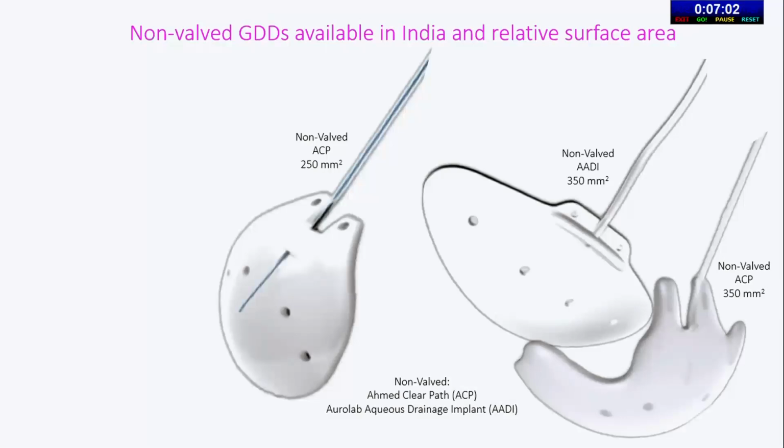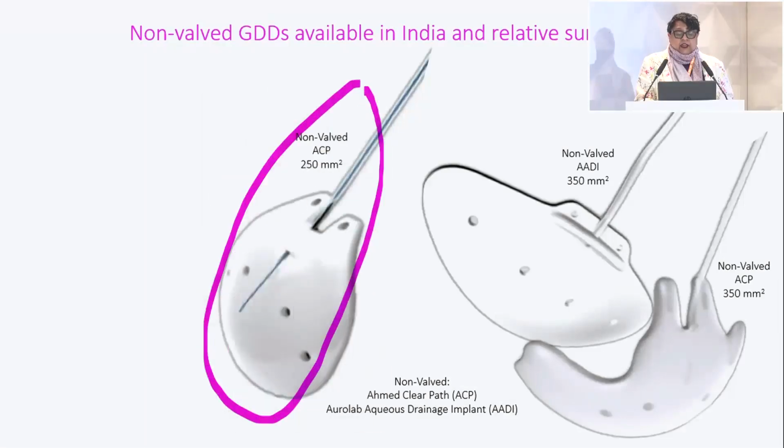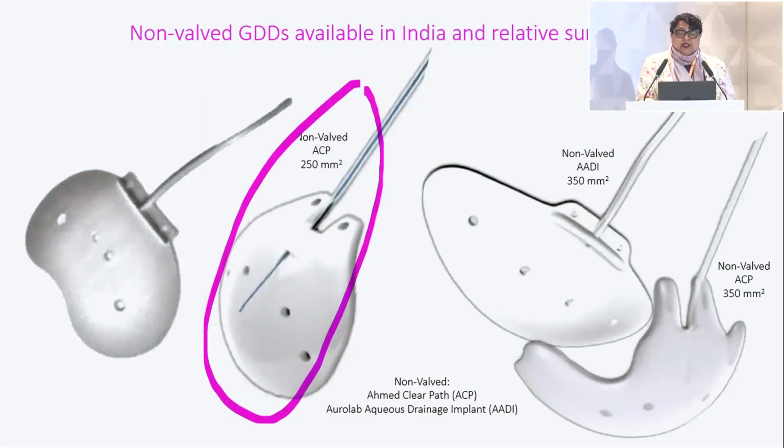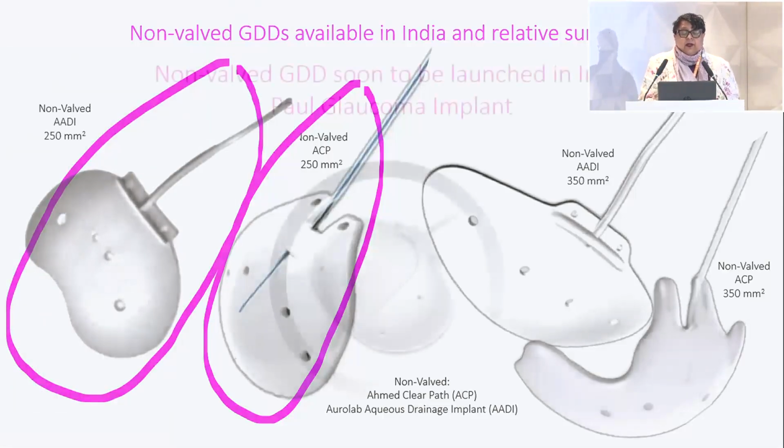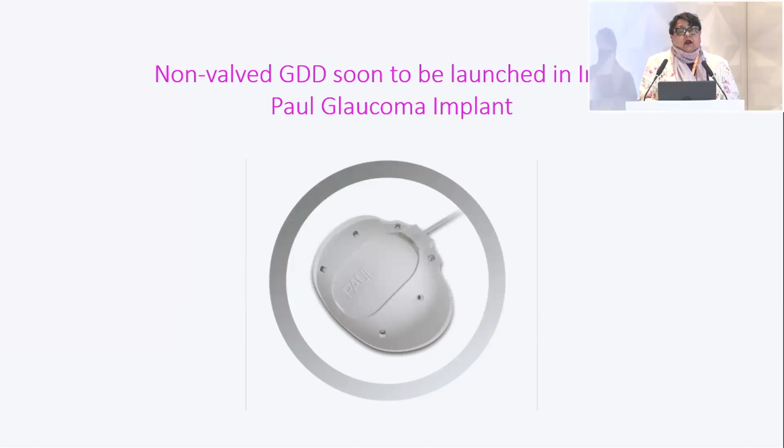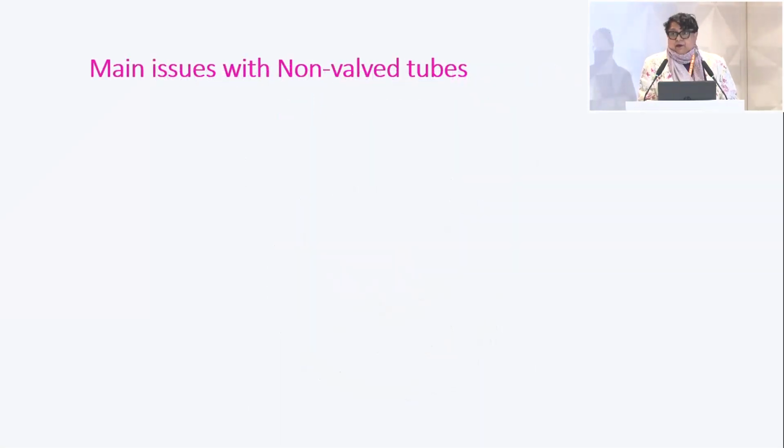So the non-valves are both 350 and 250, but it is really the 250s that are taking over. The recently available ADI 250 is very advantageous in terms of being cost effective. And you heard about Paul glaucoma implants, still not available. We are hoping it will be launched in this meeting for India.